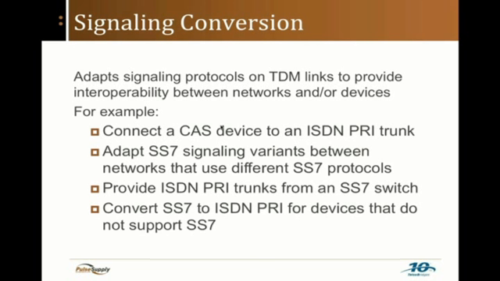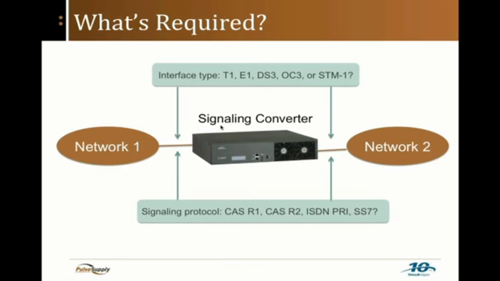So signaling conversion, and specifically devices called signaling converters or signaling gateways, are able to solve these interoperability issues and adapt signaling protocols between different networks or different devices. In the next few slides, I'd like to get into a little more detail about what's involved in converting protocols between these different networks.